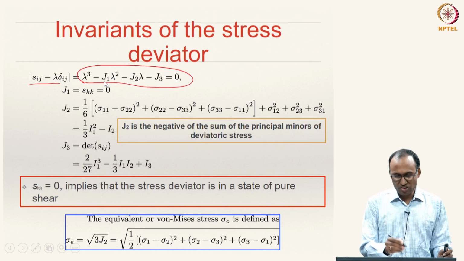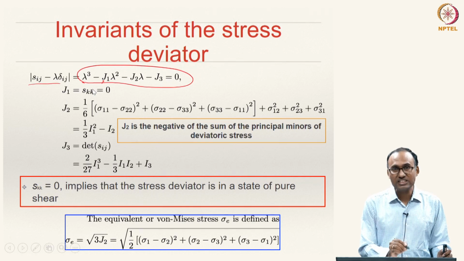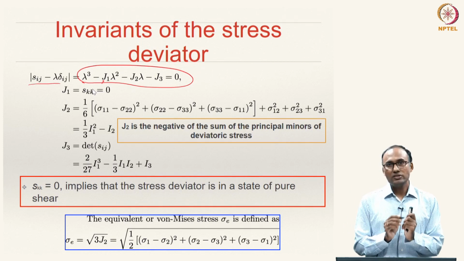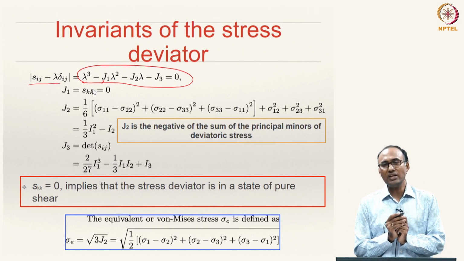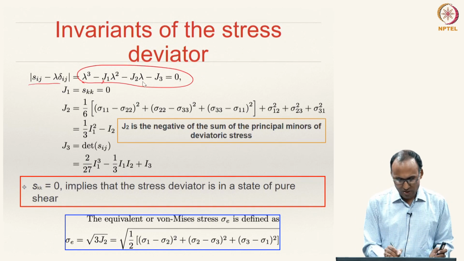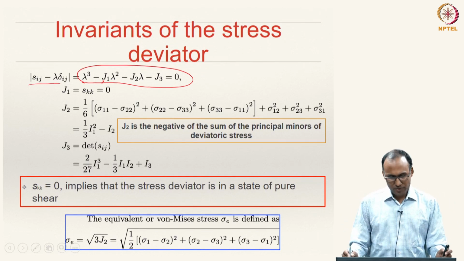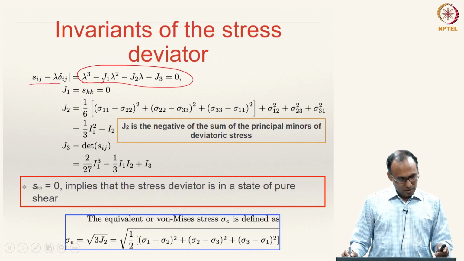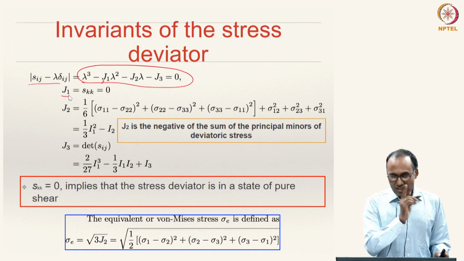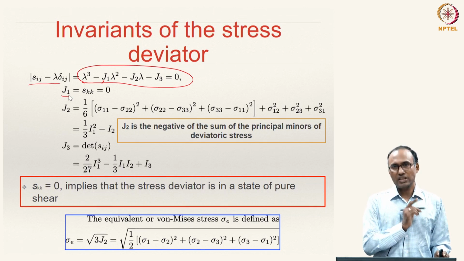The stress deviator's invariants are usually represented with J, whereas I1, I2, I3 are the invariants of the full stress tensor, and J1, J2, J3 are the invariants of the deviatoric stress tensor. So, that is lambda cube minus J1 lambda square minus J2 lambda minus J3, where J1 is the trace of the stress deviator.